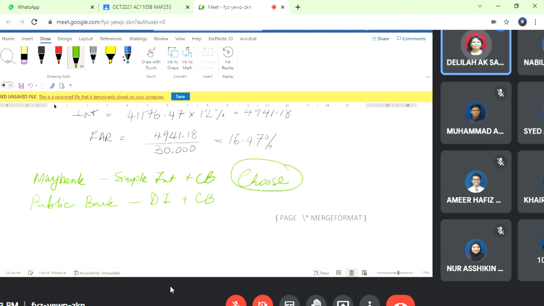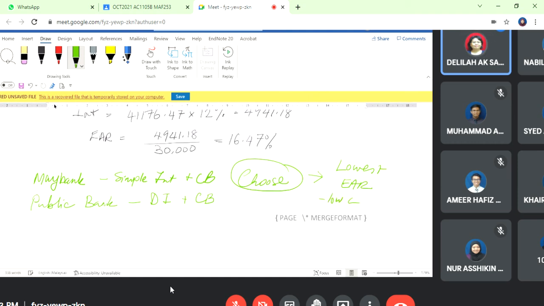Which one do you choose? When you have to make a decision, you will choose the lowest EAR. The bank or the finance company that gives you the lowest effective rate, that means that is the cheapest.